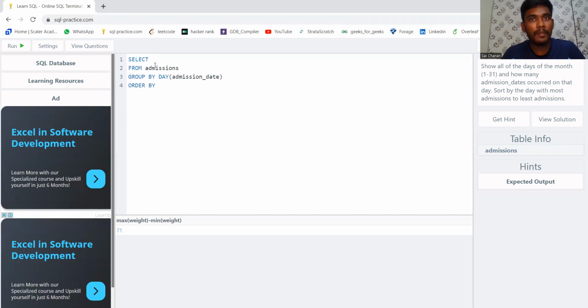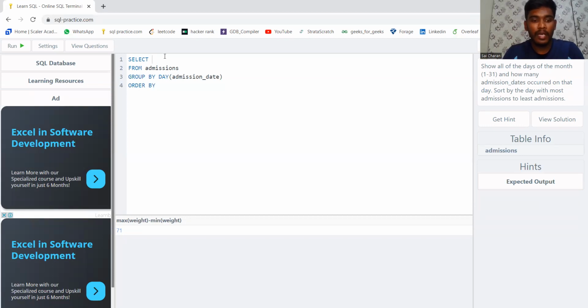The total number of admissions in the year would be 12 into 30, so 360. In that way, I just need to know how many admissions happened on the first day of every month. So I should group by. In the same way, I need to know for every day, and that is the reason I am grouping based on day.